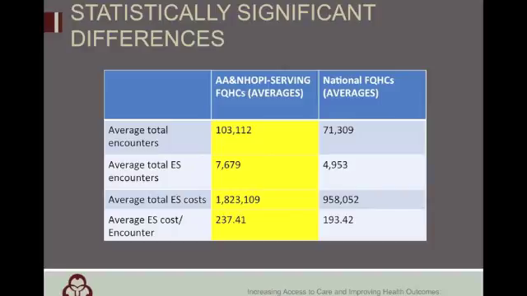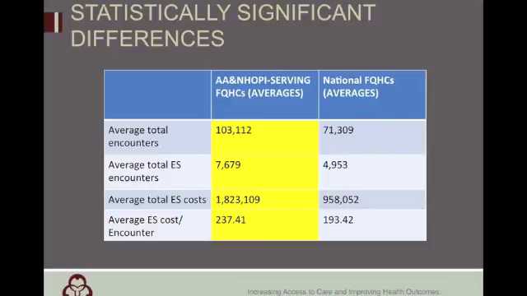I want to note here that even though the numbers are so close, the difference is still statistically significant and important to note since the ANHOPI FQHC sample size is much smaller than the national FQHC average sample size. And lastly, you can see here that the percentage of uninsured patients is lower at ANHOPI serving FQHCs than the national average. Next slide, please.